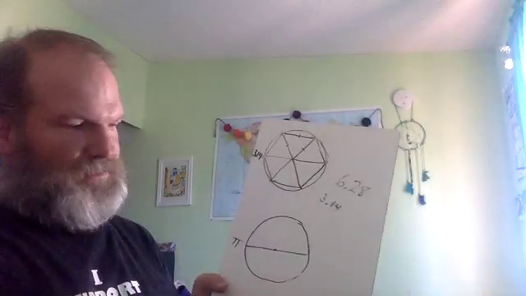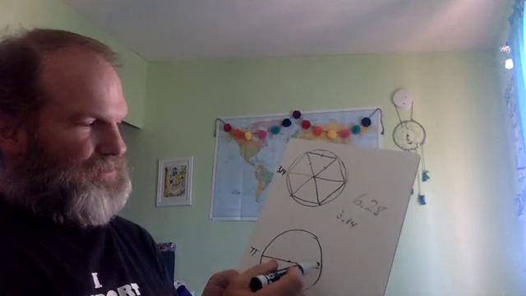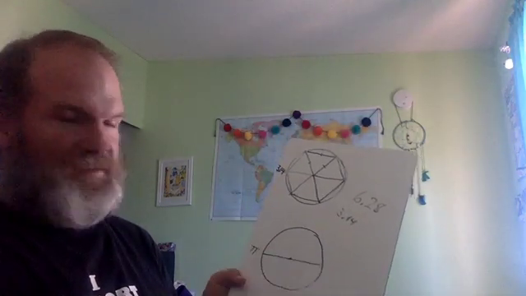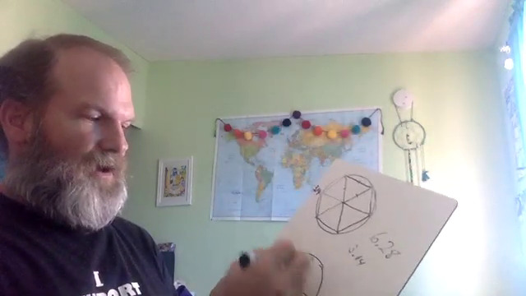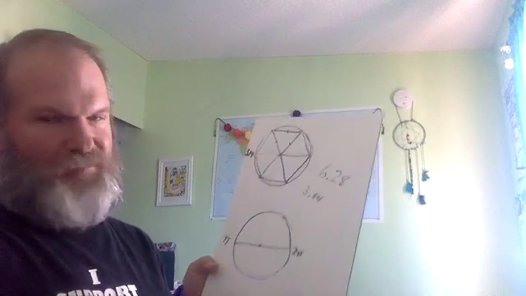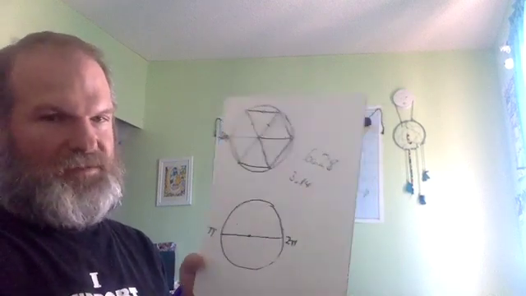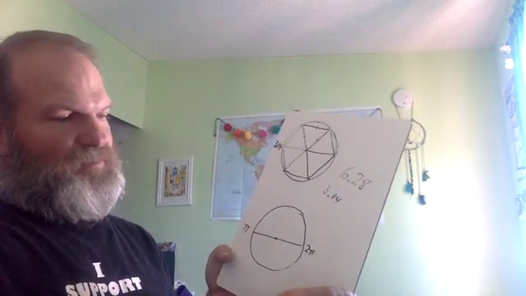Takes pi radiuses, 3.14 radiuses to get halfway around the circle, and 2 pi to get all the way back to where you started. And this is the birth, this is the basis of radians. Radians are labeled in terms of pi.